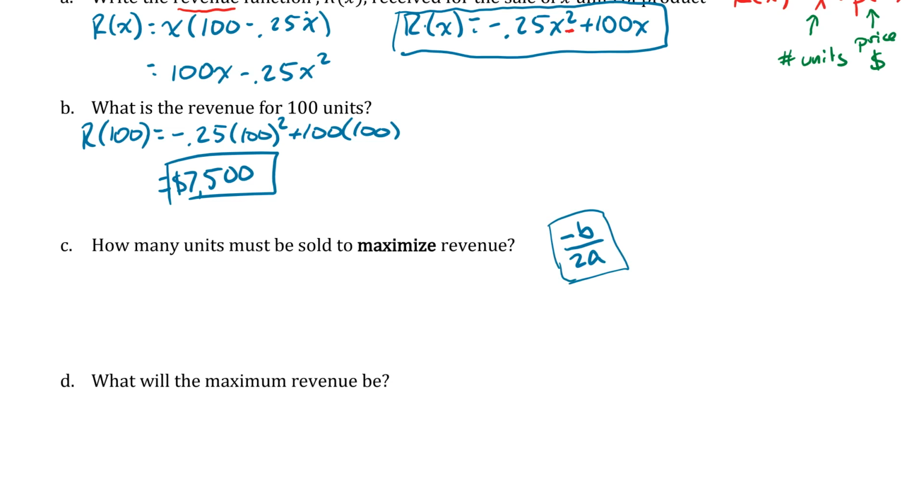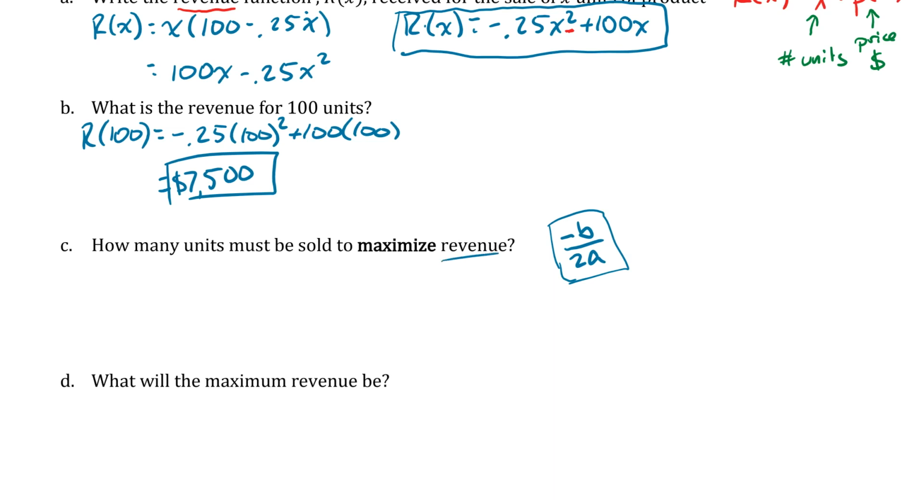So to use this, that a and b are the same a and b as whenever we were doing the quadratic formula. A is just the number with the x squared. B is the number that's just with x. So how many units must be sold to maximize revenue?